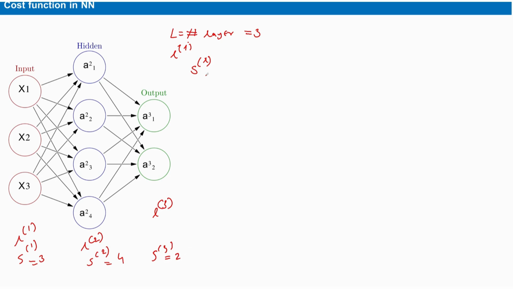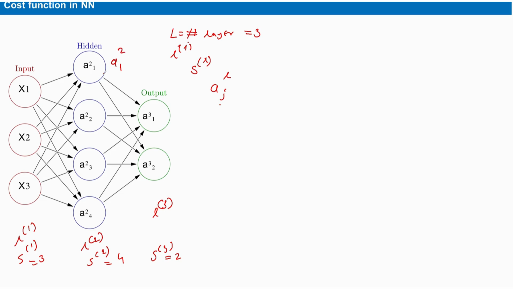Then the next notation represents the activation of the jth neuron in layer L, which I will write as a superscript L, subscript j. To showcase the activation of the first unit in layer 2, I will represent it like this.